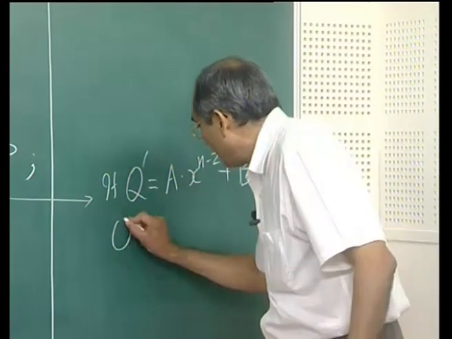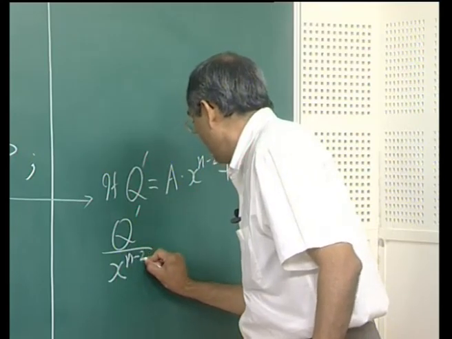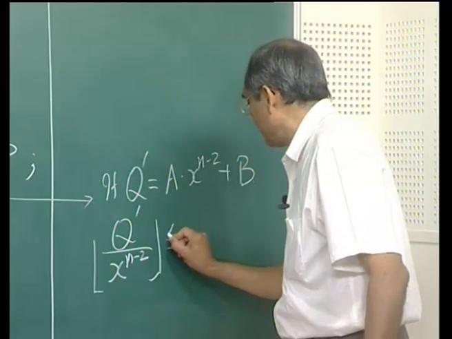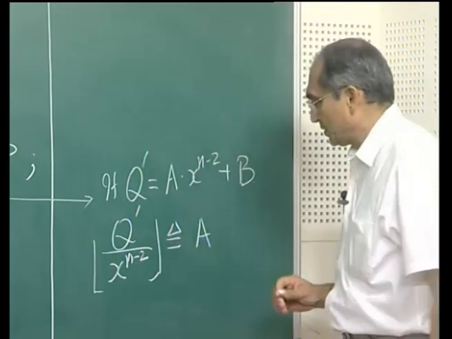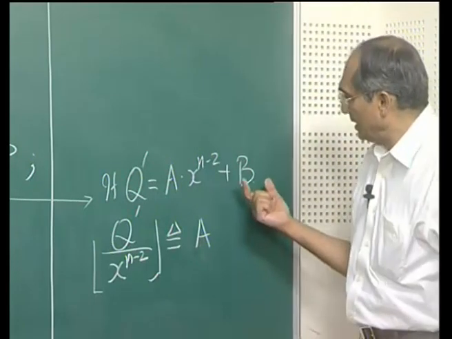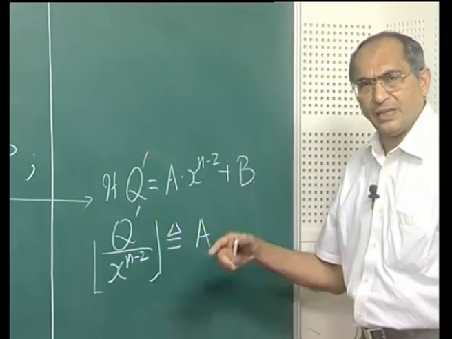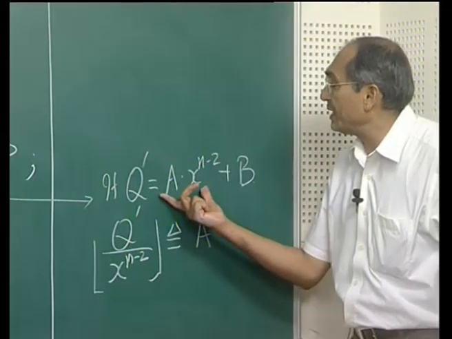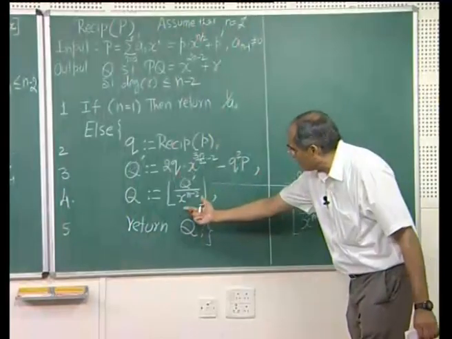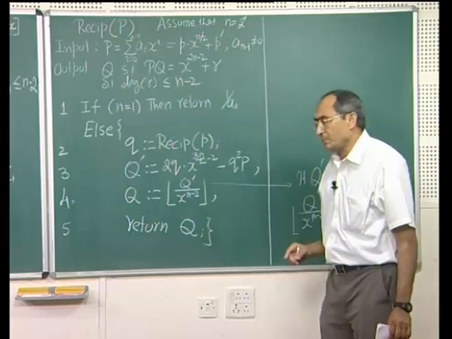Then q prime divided by x power n minus 2, floor, means a, which means that we ignore the lower terms because it is a floor, because all these b divided by this will have degree less than 0, and here we are getting a. So, with this interpretation of the operation, we compute q, and this is the desired polynomial.